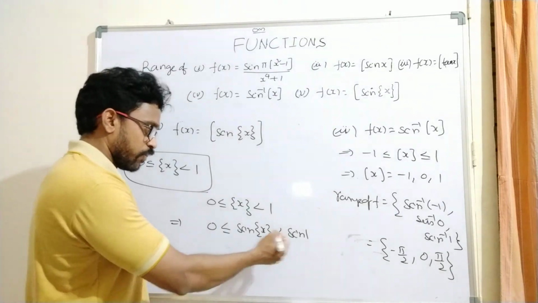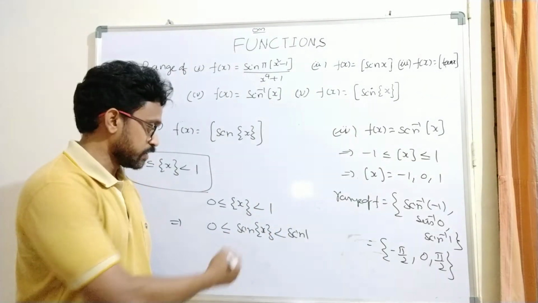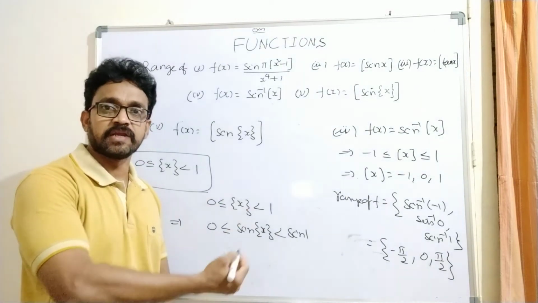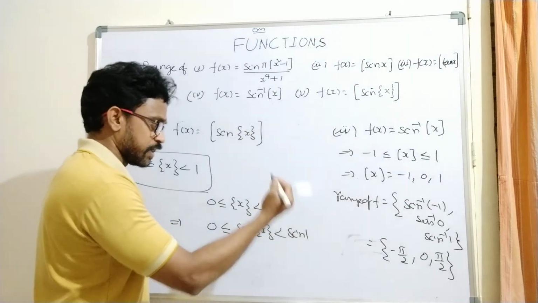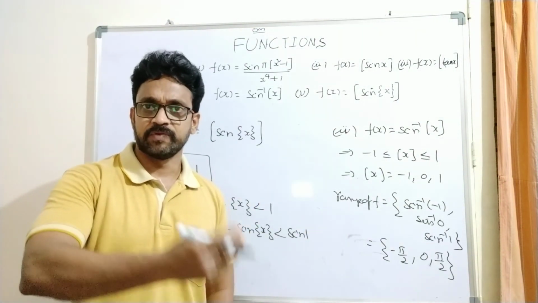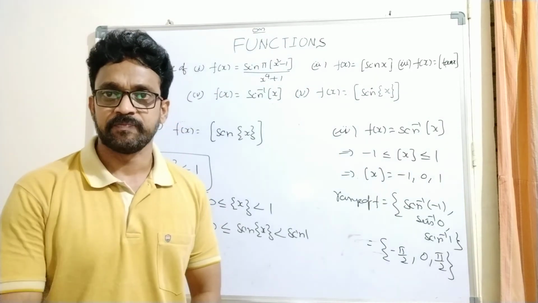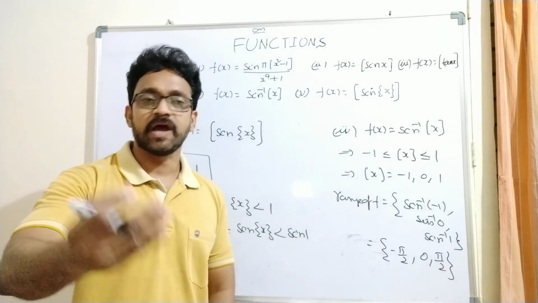Okay, what about the possible integers for [sin{x}]? Very clear, sin 1 radian means approximately sin of 57 degrees 18 minutes. Its value is approximately 0.86.